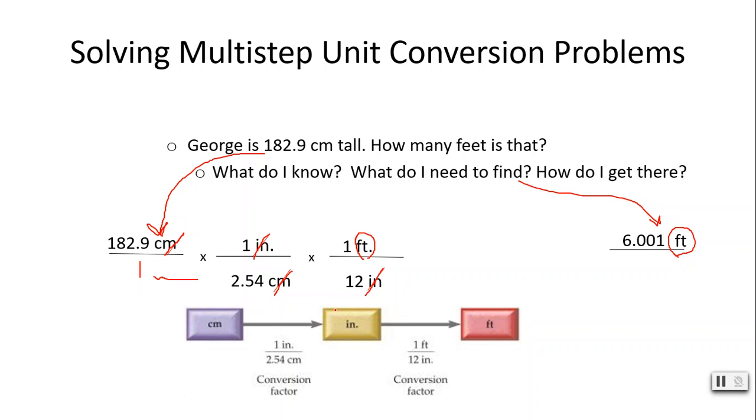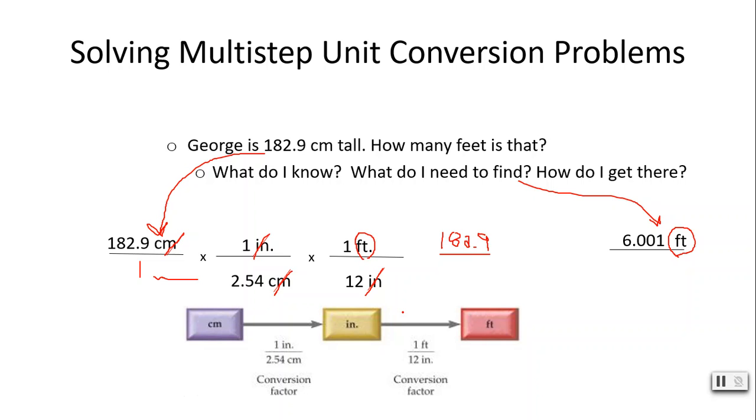If I was to do that problem in that manner, I would do 182.9, multiply by 1, multiply by 1. Obviously, my answer for that's going to be 182.9. I know I'm just showing the numbers here. Then I would go ahead and, in my denominator, multiply the two numbers in the denominator.